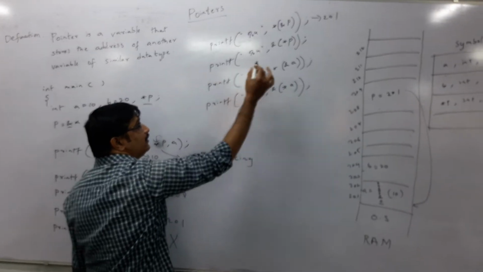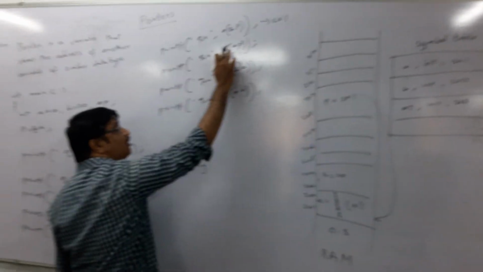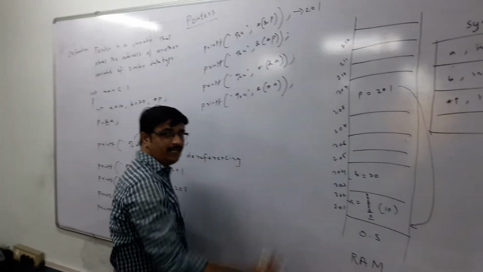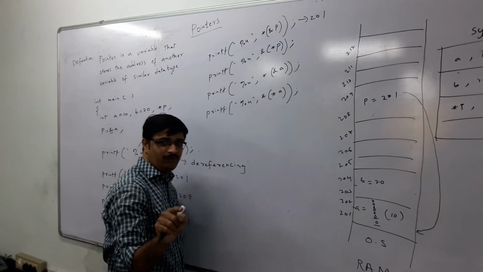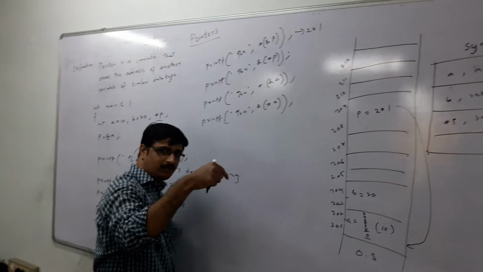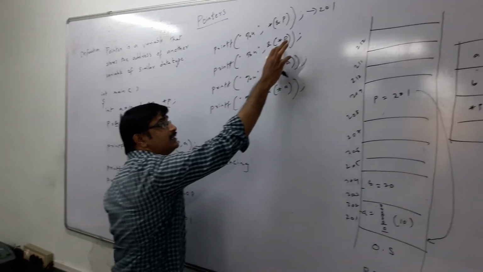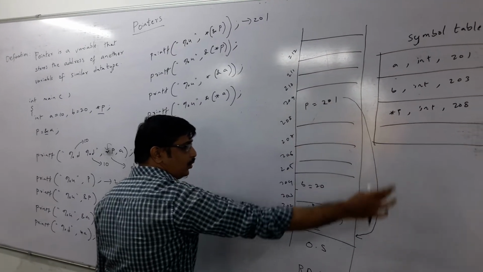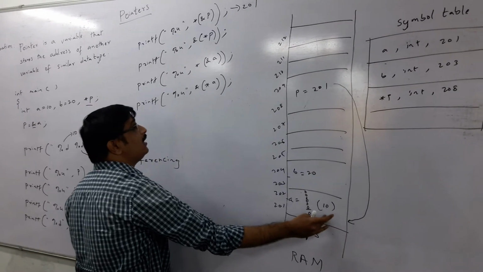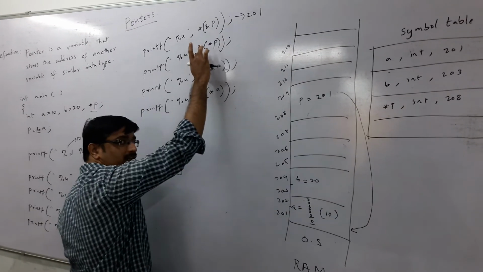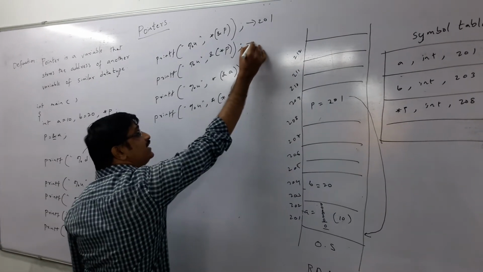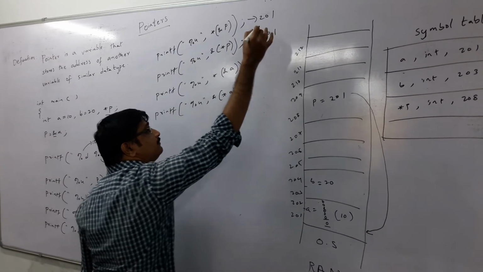Coming to the next, printf("%u", &*p). Whenever it is *p, I have to go to p, where I will find an address. I have to go to that address location and I want the address of that, which is nothing but the address of a. So here once again it is going to print 201.